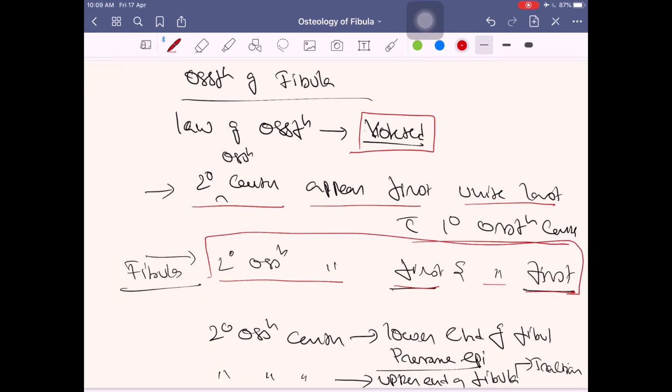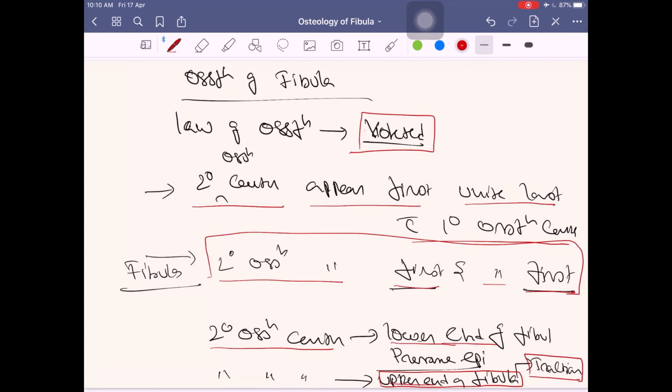The upper end is making a joint with the tibia to form the superior tibio-fibular joint. So this is called a traction epiphysis, whereas the lower end is taking part in the formation of your ankle joint. So this one is what we call a pressure epiphysis. So both the ends are different epiphyses.